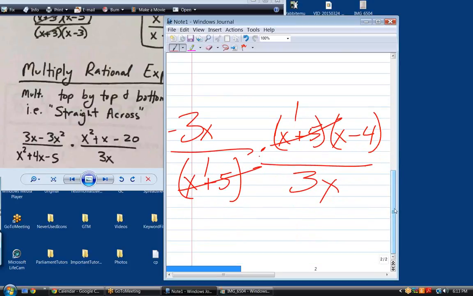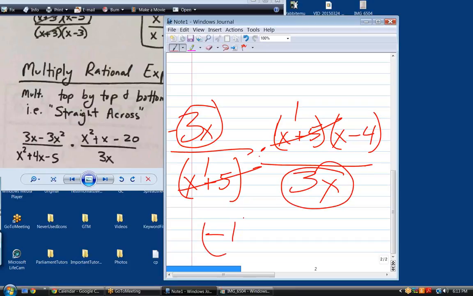Let's see. Can I cancel anything more? No. Well, what about that 3x with that 3x? Yes. Right. Okay, what's it leave in the top? Just a negative one.